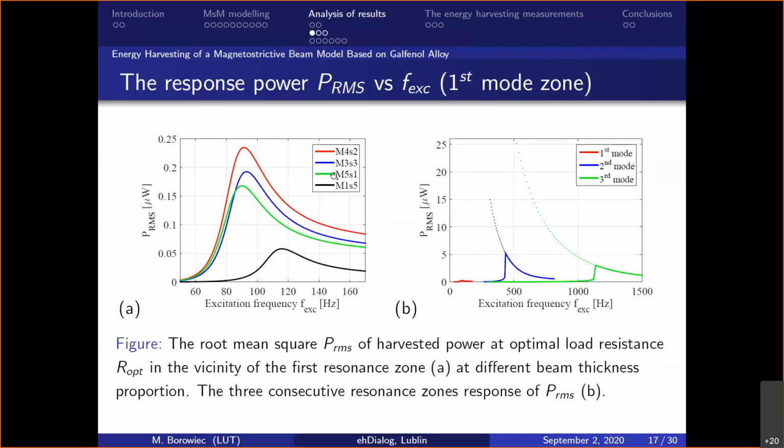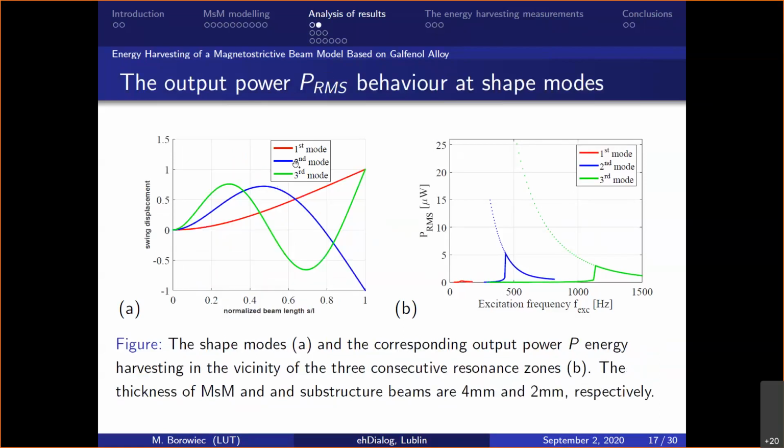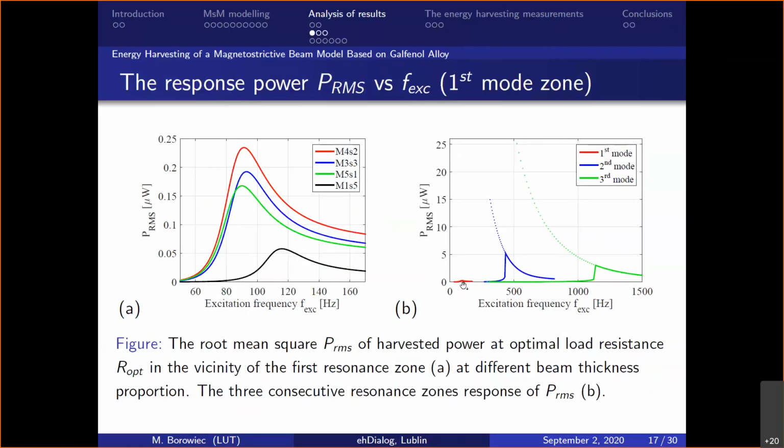The system produces a relatively high power output only for the case where the magnetostrictive beam equals 4 millimeters, but the substrate was only 2 millimeters. But comparing with the results for the second mode and the third mode, it is negligible, I would say. Values for the second and third modes were much higher.